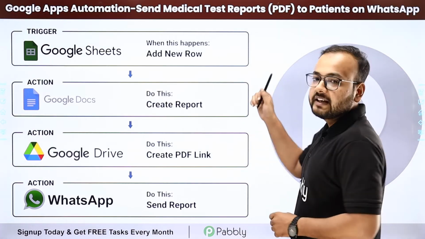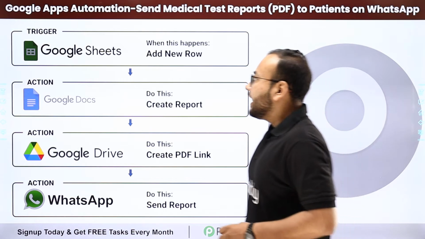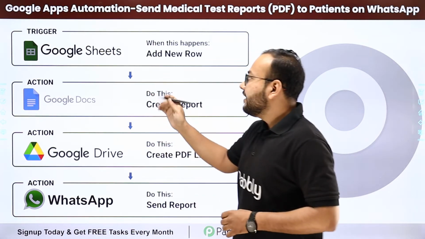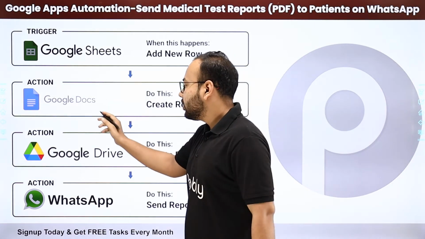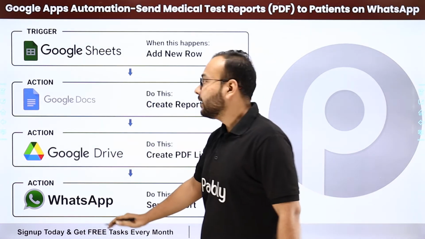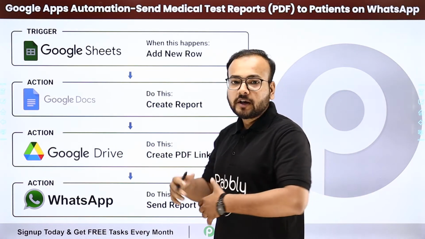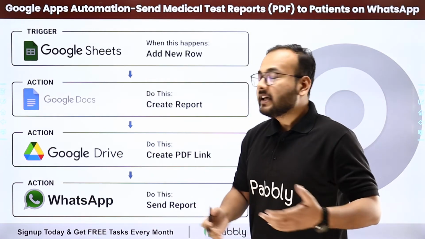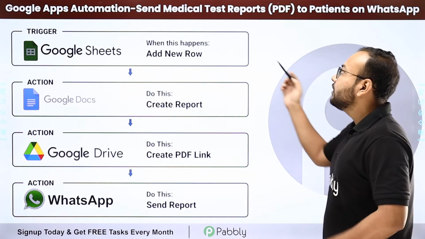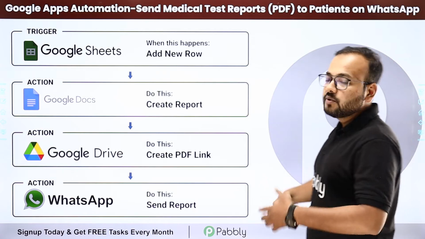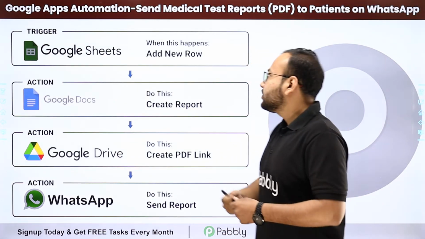This is the next automation we have, and we have created it with the help of Google Apps. We have used Google Sheets, Google Docs, Google Drive and WhatsApp here. You can set up this automation for many purposes. Right now we have taken the example of sending medical test reports to patients, so it can be used for clinics and hospitals.